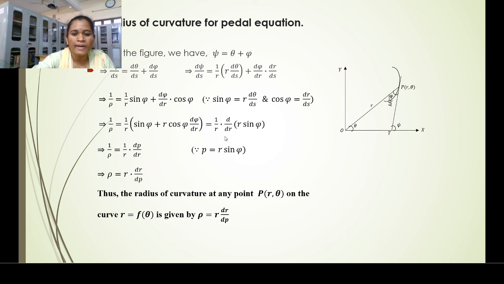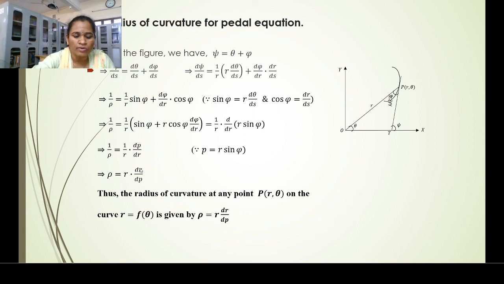which is equal to 1 by r, then d by dr of r sin phi. So it is an overall differentiation, the first order differentiation by applying the product rule, d by dr of r sin phi. Then 1 by rho is equal to 1 by r dp by dr. So here p is equal to r sin phi.